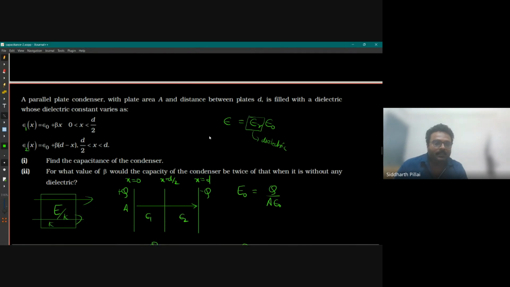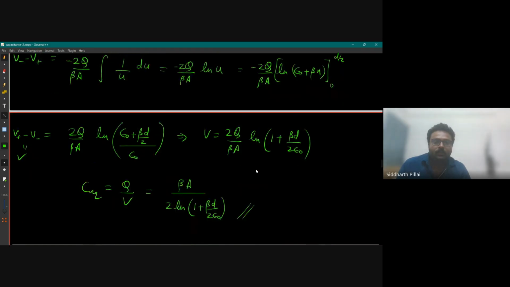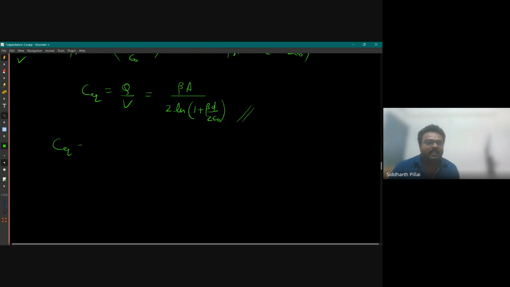Once you have the capacitance, you need to find for what value of beta the capacity of the condenser would be twice of that without any dielectric. Without any dielectric, C equivalent is just 2 epsilon naught A by d. So equate it to this, beta A by 2 ln (1 plus beta d by 2 epsilon naught).